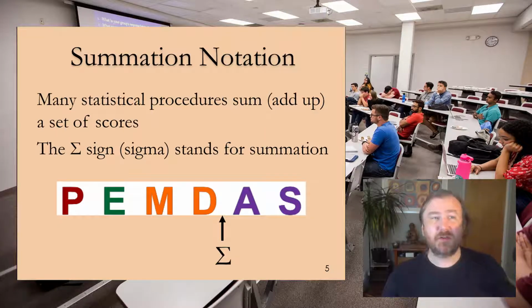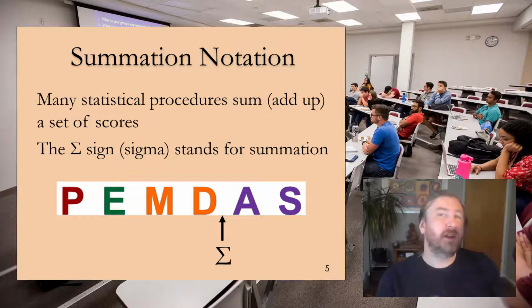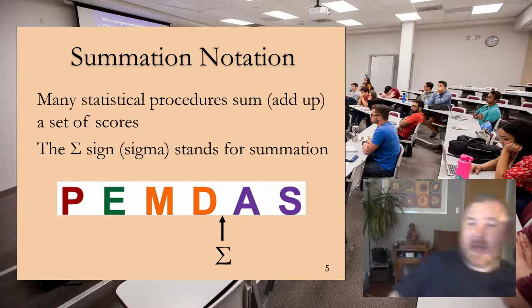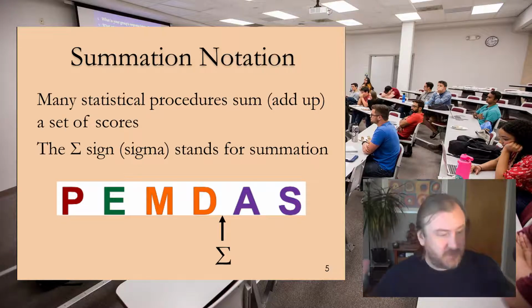Now let's move on to summation notation. This is very simple, and we do it intuitively when we compute an average. We compute a sum of a series of numbers. But the way that this is written out can look scary for people who are not comfortable with math. Basically, in stats, since we're dealing with series of data, there are many times where we have to add up a bunch of people's data to compute, for example, a mean.